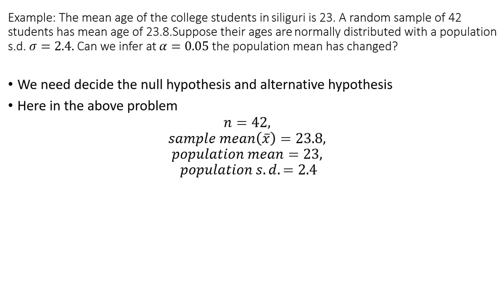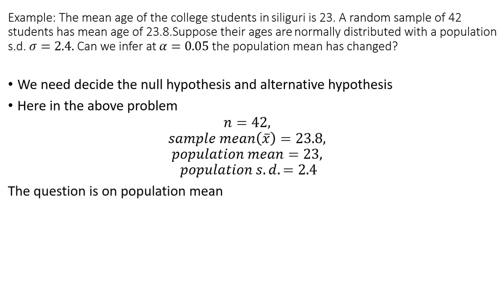We can take it as a large sample. The sample mean x bar is given as 23.8. The population mean is 23, and the population standard deviation is 2.4, which is known. So whenever the standard deviation is known, we can take the statistic Z, standard normal distribution Z.